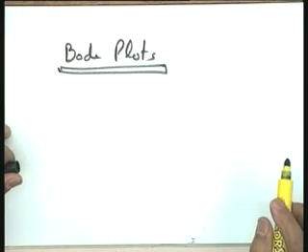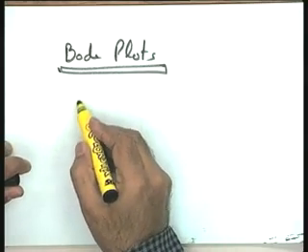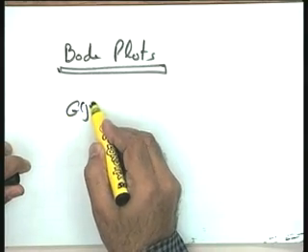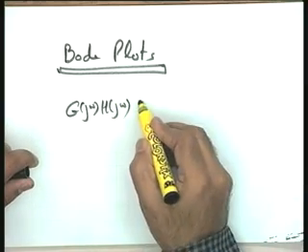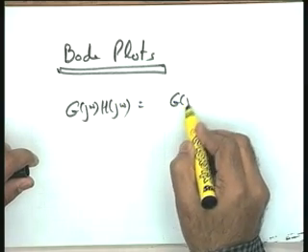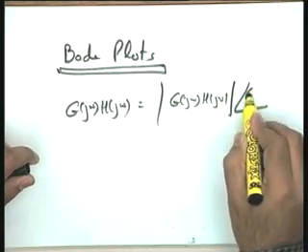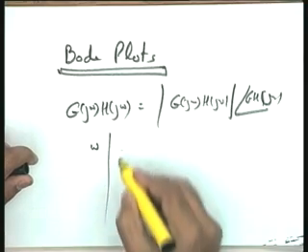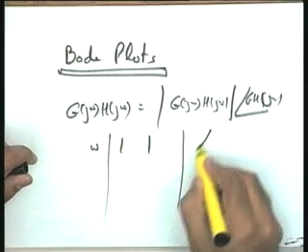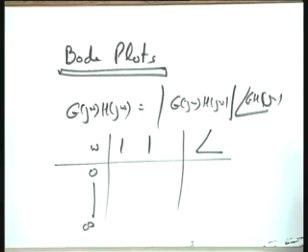In this particular case, please note that the Nyquist plot requires plotting of G(jω)H(jω), which as you know is magnitude |G(jω)H(jω)| and angle ∠G(jω)H(jω). It means you require a table of omega, the magnitude and the angle for frequencies from 0 to infinity. This will give you the polar plot.